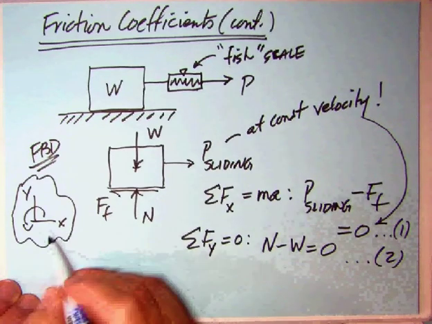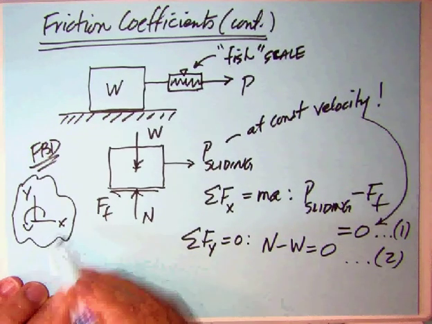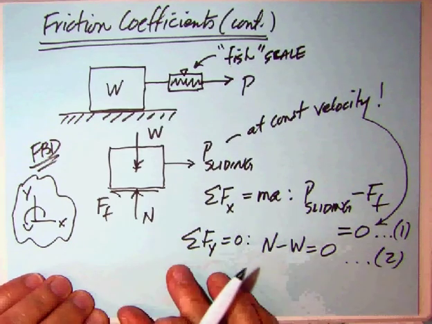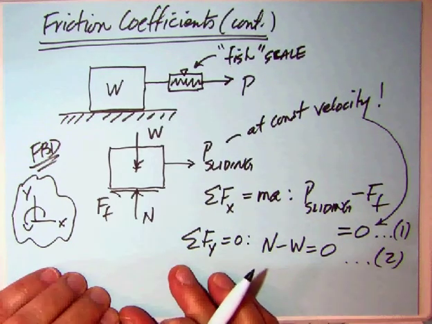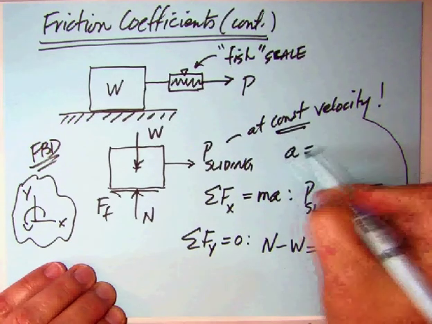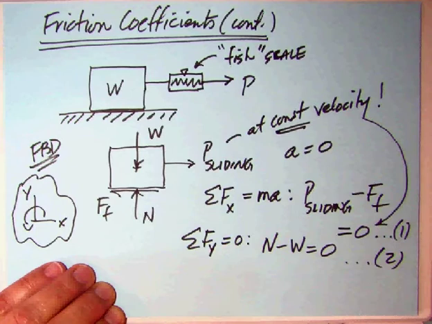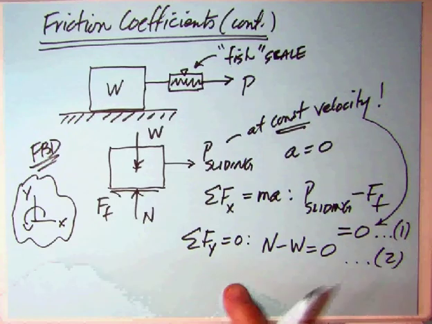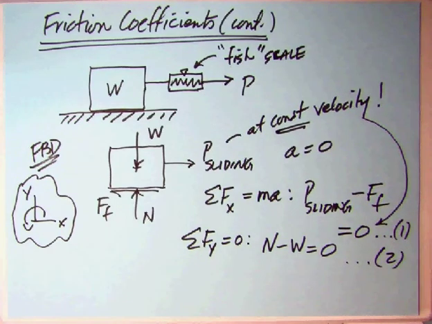If we use our standard system, x, y, we won't need a moment here. Sum of the forces in x equals ma, but a is equal to 0, because we have constant velocity. So we have the force P to the right, friction force back to the left equals 0. And of course, in the vertical direction, we've got N minus W equals 0.